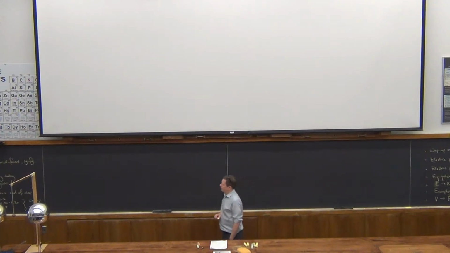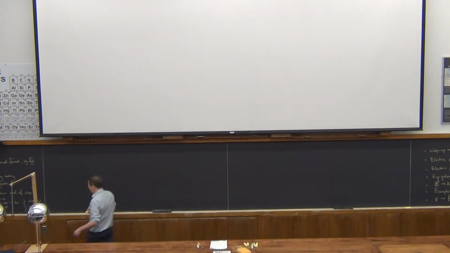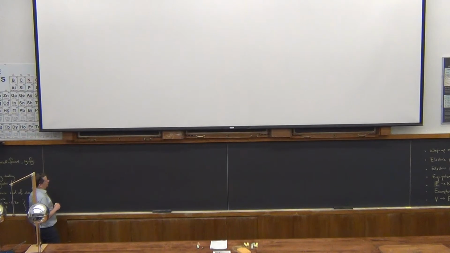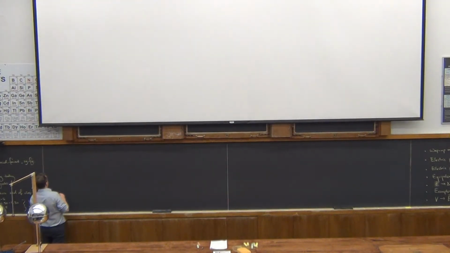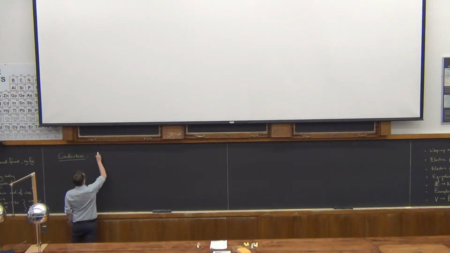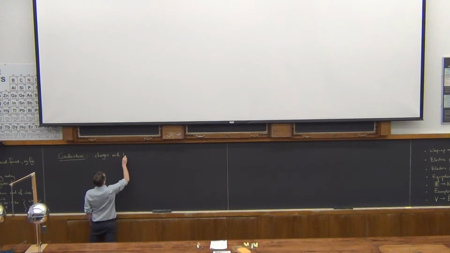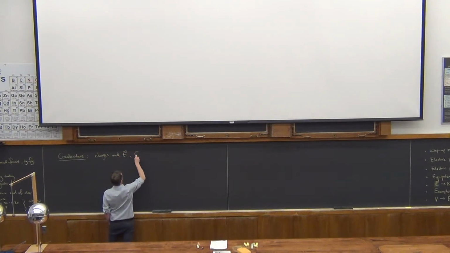So let me come back to the question of charges and conductors. So a couple of things I think I just want to talk about. So charges and fields, and there's going to be a little bit of talk about Gauss in here as well.